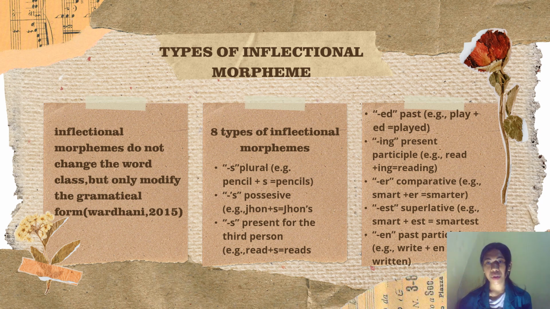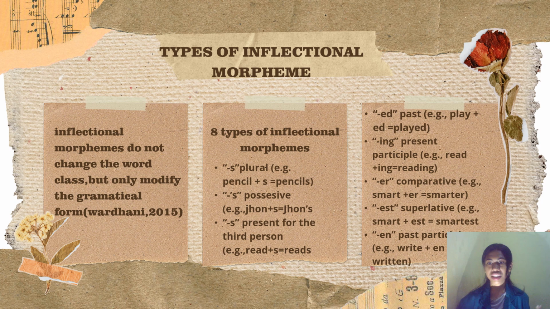Comparative, er. For example, smart plus er becomes smarter. It is a comparison between two things, the higher degree between two things. And then est, superlative, that indicates a higher degree between three things or more.